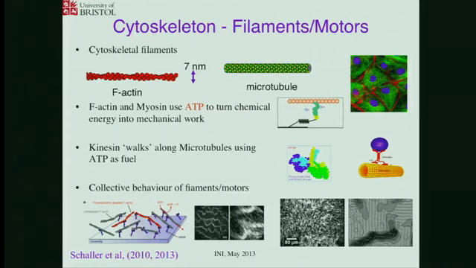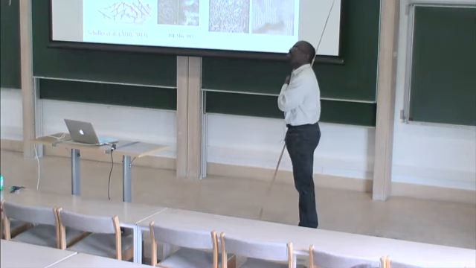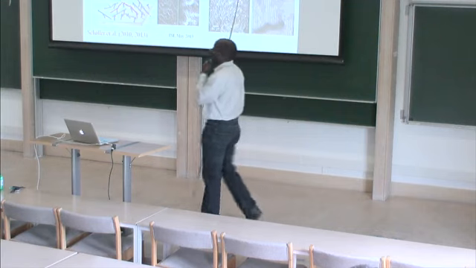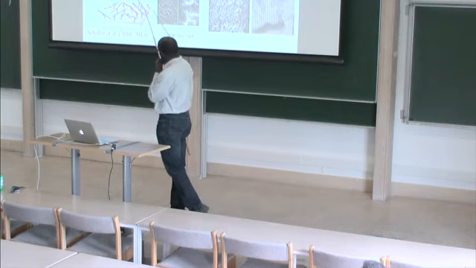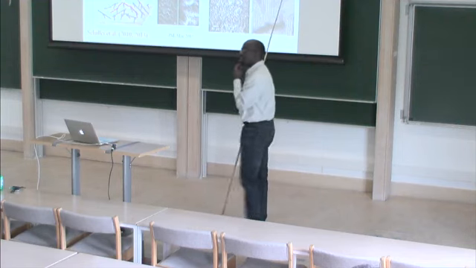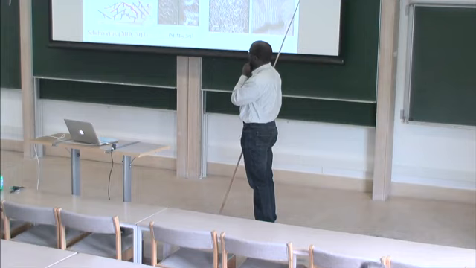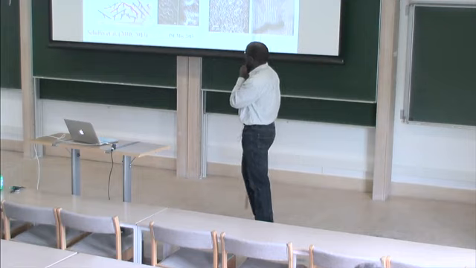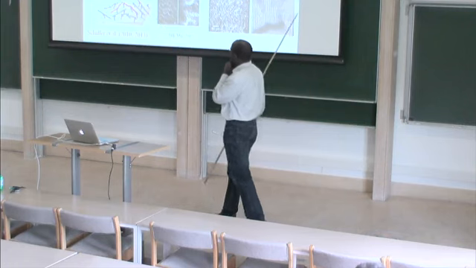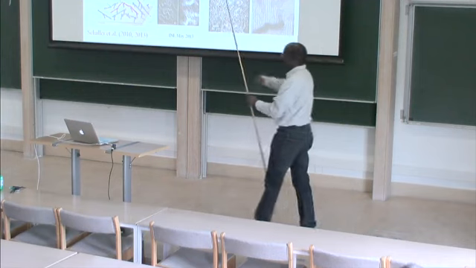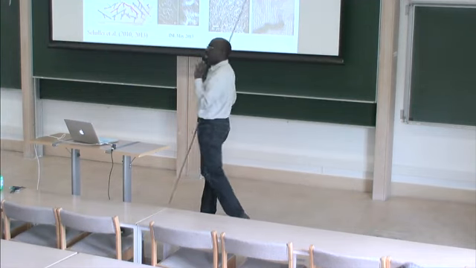Now, one interesting experiment you could do is to ask what happens when I put a bunch of such filaments together. So, for example, I could prepare a slide and coat it with motors, and I put the filaments on top. So the filaments are driven by the motor, so they walk.